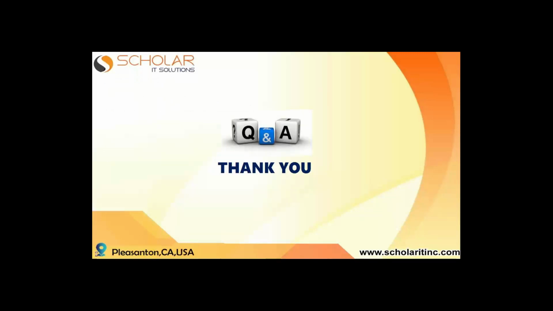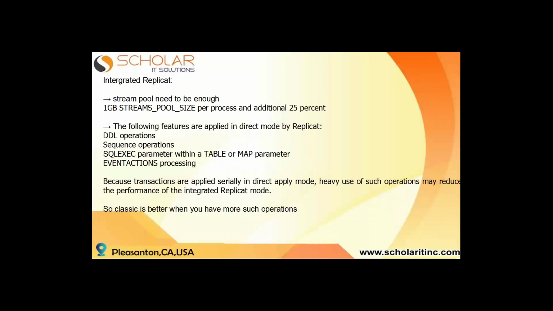Thank you, sir, one more question. Okay, here, please. So should the stream pool size be declared for every process? Yes, it can be declared. Stream pool size, I mean to say, for the instance.